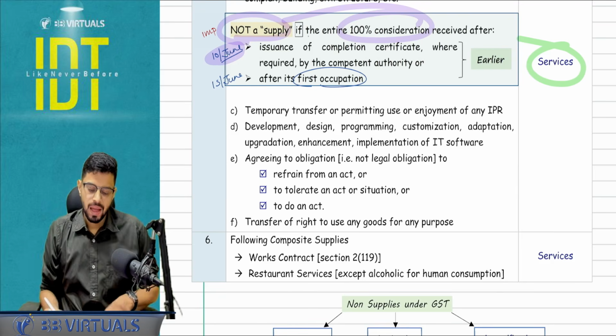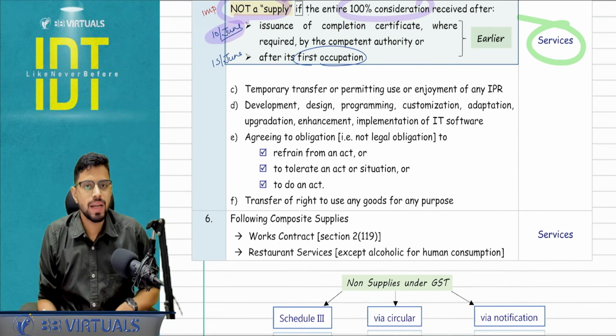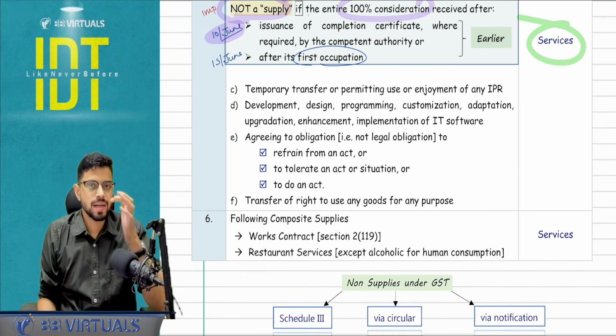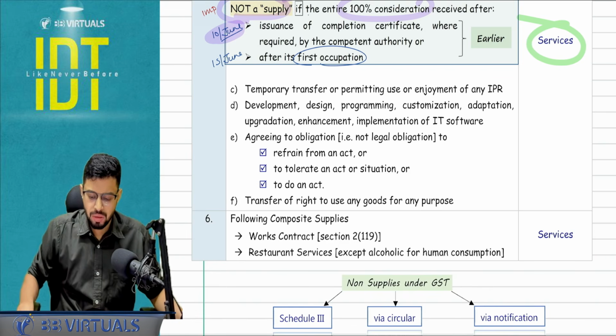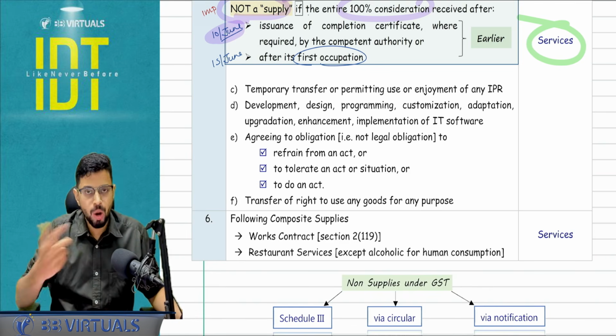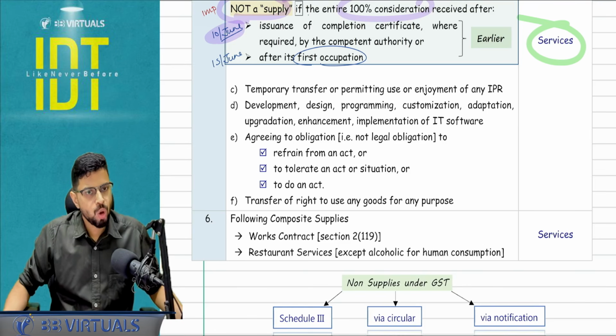Clear? IPR rights, royalties with respect to copyrights, with respect to trademarks. If I'm transferring the copyright and allowing use, let's say it happens in the music industry, someone has a copyright over a song, and they allow someone else to use it. For example, Bollywood songs are copyrighted.